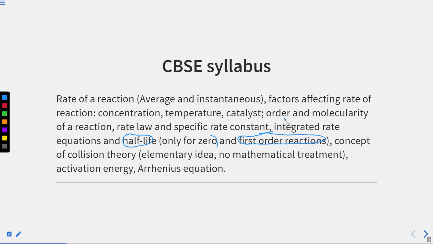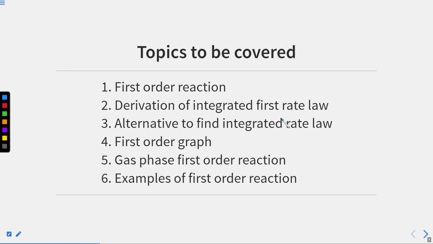Now, talking about today's topic in more detail, first of all what is a first order reaction and how can we derive its integrated rate law. After that we will see an alternative way. Why am I introducing this alternative way?